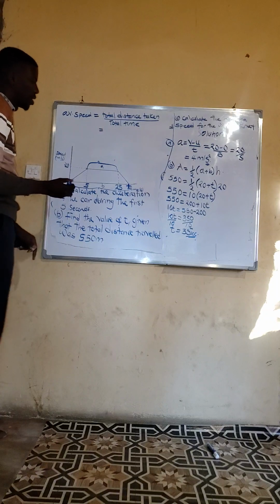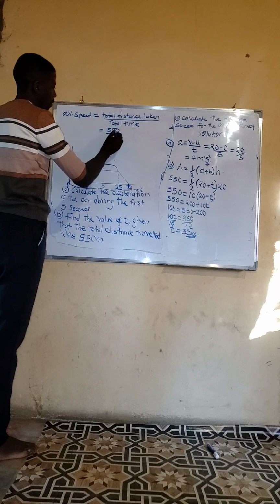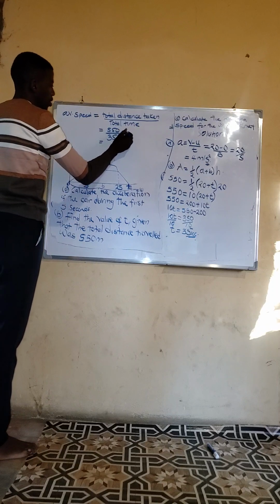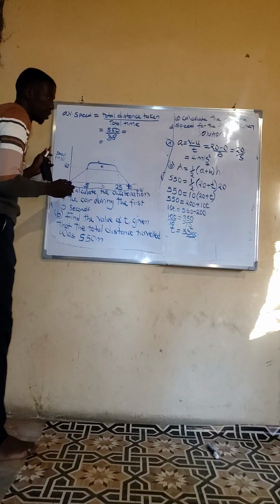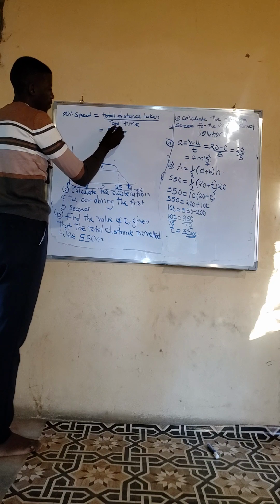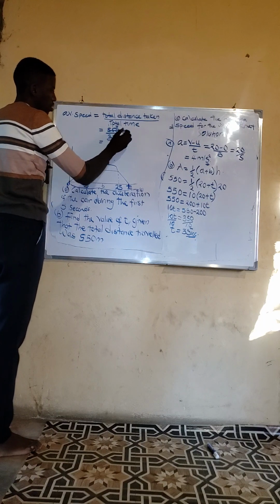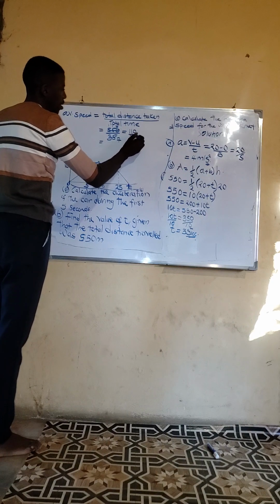So the total distance taken, that was 550, over total time 35. So we can reduce this using 5. 5 into 35, that is a 7. 5 into 550, 5 into 5, that is 1. 5 into that 5, that is 1. That is the 110. So we're going to have 110 over 7.